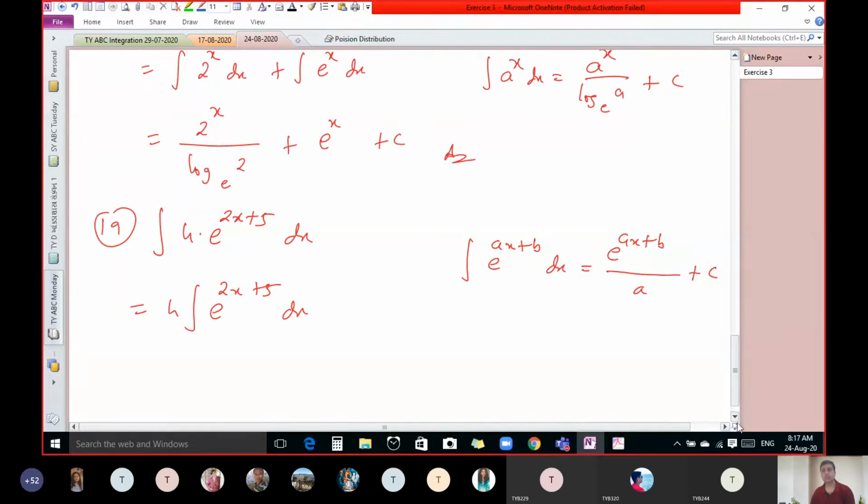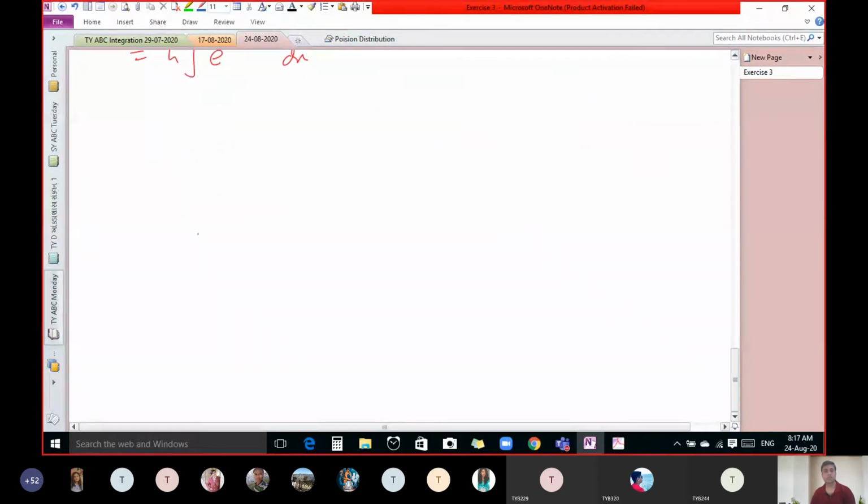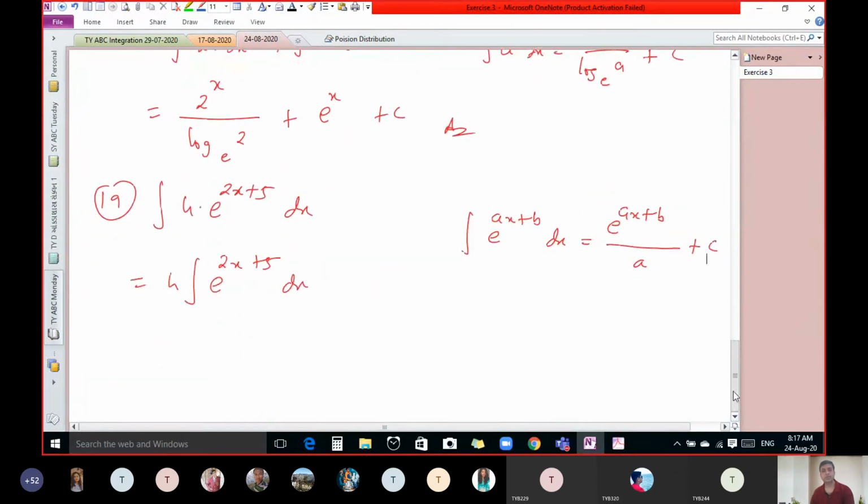So the answer for this question is now very simple. What you have to do? 4 into e raised to (2x plus 5) upon, if you apply the same result, you have to divide by the coefficient of x.